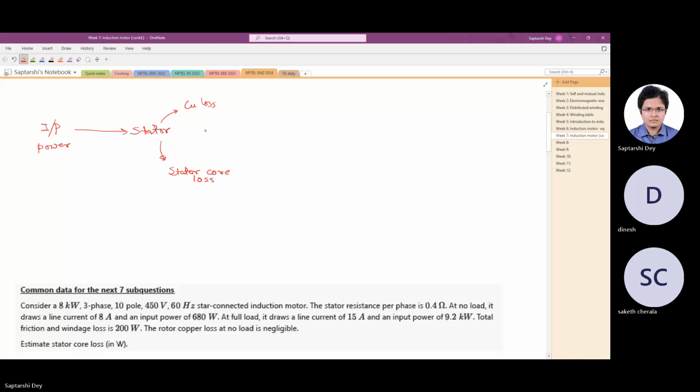Now the rest of the energy, let us say the air gap power, goes to the rotor. Again, the rotor has two losses: rotor copper loss and rotor core loss.